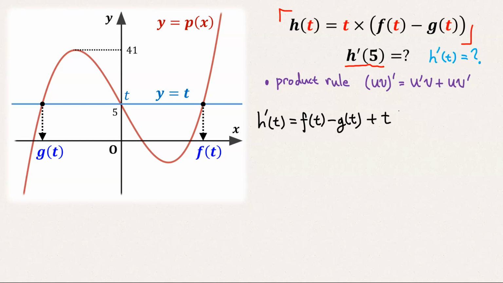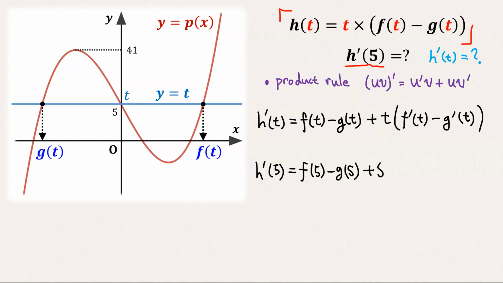Then we have t times, we differentiate f(t) minus g(t), so we have f prime t minus g prime t. So the derivative h prime 5 is given as f(5) minus g(5) plus 5 times f prime 5 minus g prime 5.